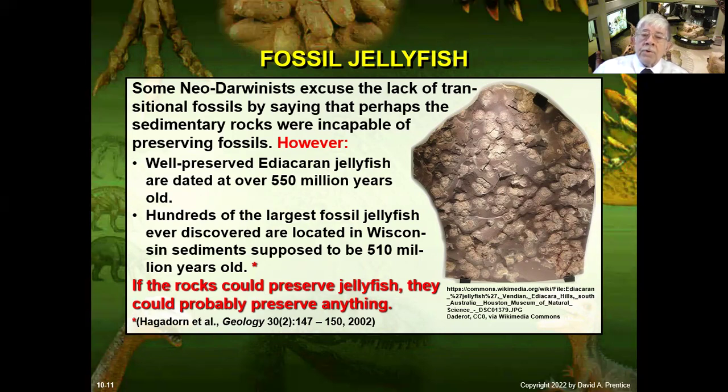There are well-preserved Ediacaran jellyfish that on the evolutionary timescale are dated at over 550 million years old. And hundreds of the largest fossil jellyfish ever discovered are located in Wisconsin in sediments that are supposed to be 510 million years old. If the rocks could preserve jellyfish, they ought to be able to preserve anything.